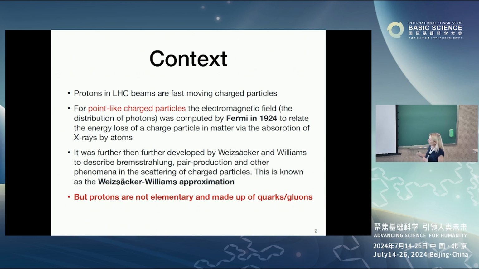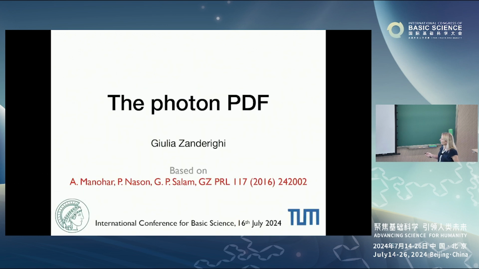They wanted to describe processes like Bremsstrahlung, and other phenomena still related to scattering of charged particles. And the approximation they use is what is now well known as the Weizsäcker-Williams approximation. The problem is that protons are not elementary particles, so things are a little bit more complicated than what I described.